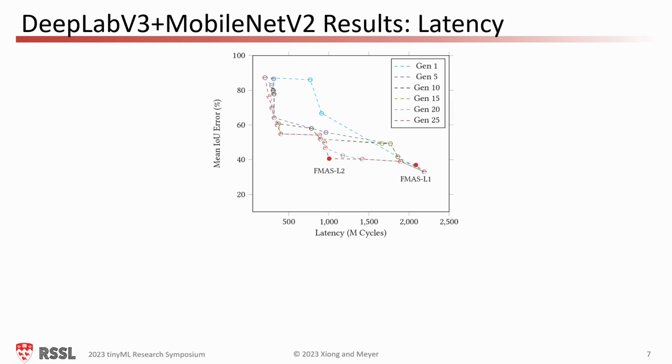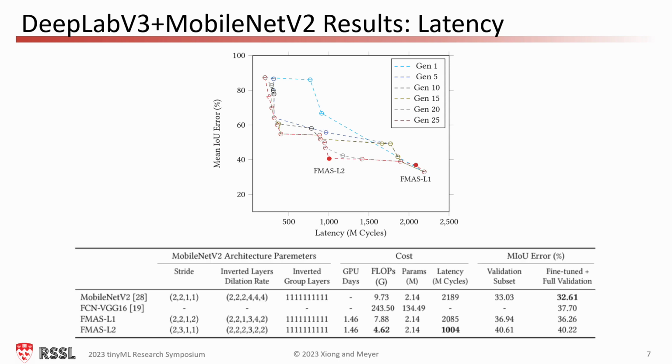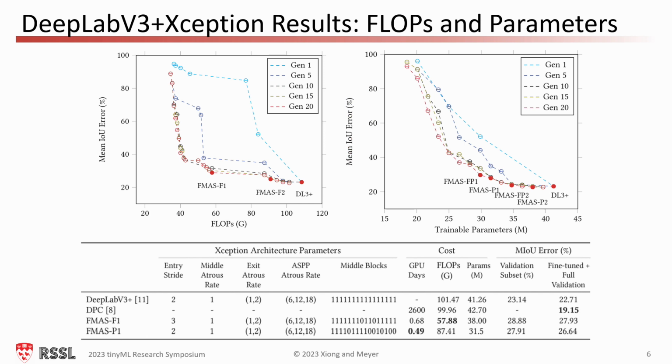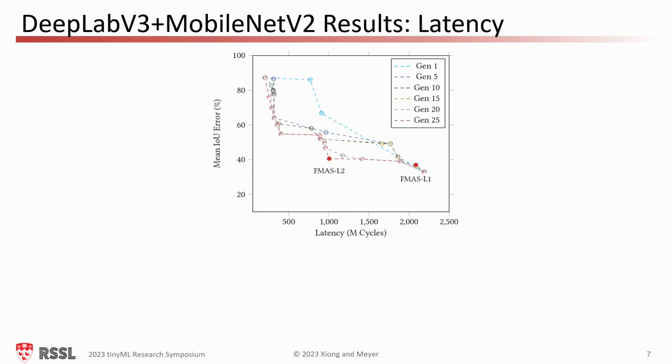For the mobile network, instead of looking only at flops or parameters, we measured execution latency on the GAP8 processor. And we were able to cut execution latency in half, in this case, by looking at changing the stride for different parts of the network, whereas here it was mostly by eliminating different parts of that middle flow.